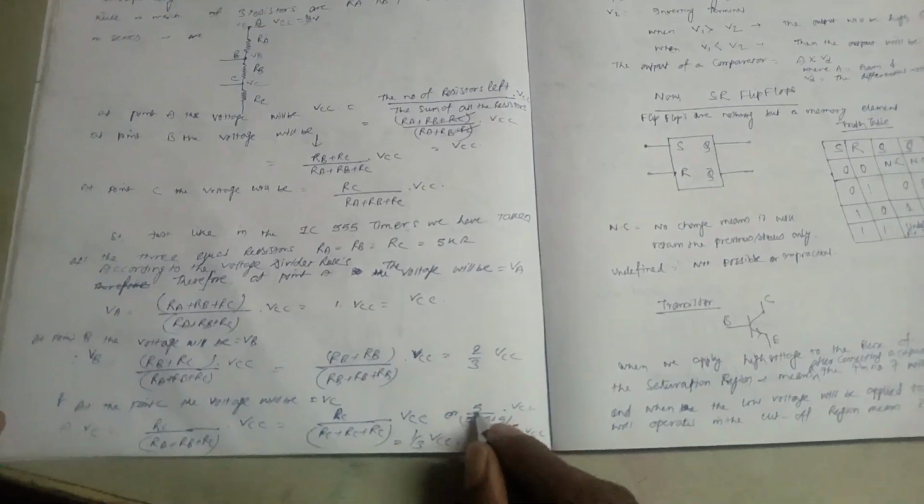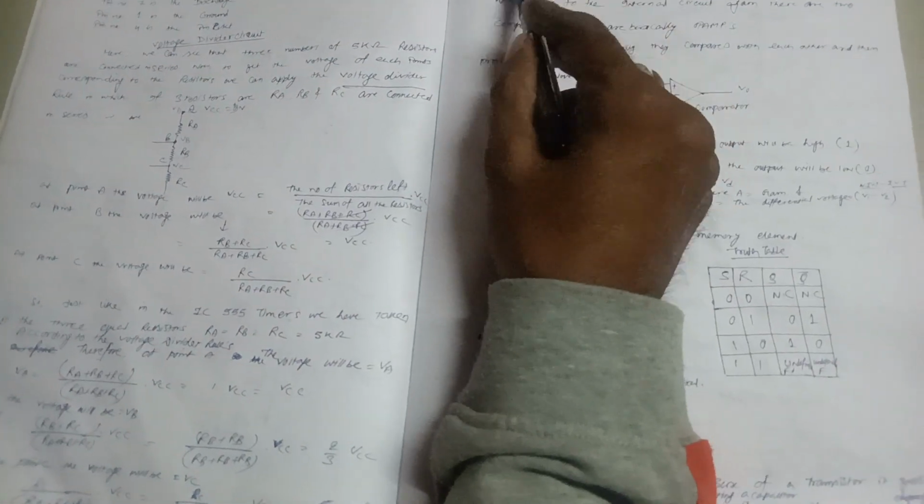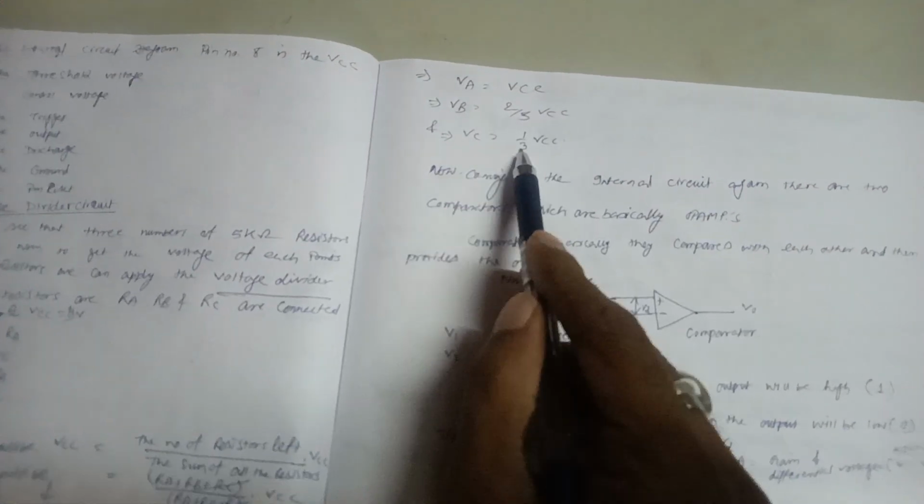Because RA equals RB equals RC, RC by RC plus RC into VCC equals 1 by 3 VCC. Or with the individual resistor values, 5 by 5 plus 5 plus 5 into VCC equals 5 by 15, that is also 1 by 3 VCC. So finally we got VA equals VCC, VB equals 2 by 3 VCC and VC equals 1 by 3 VCC.